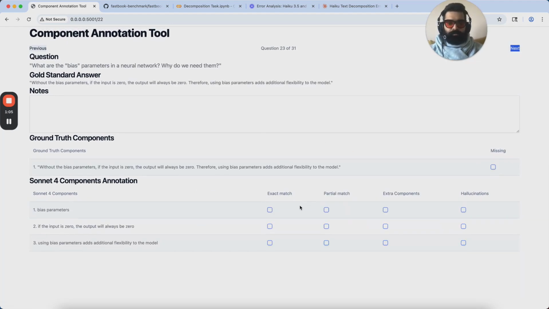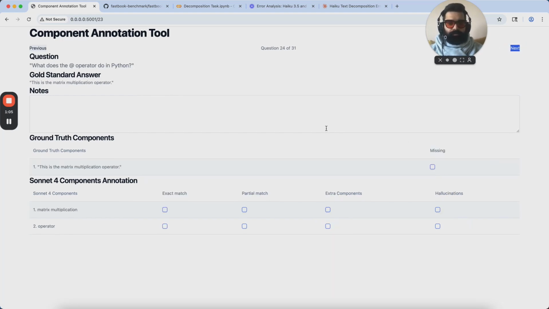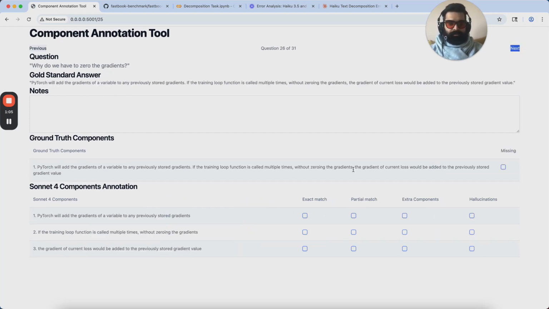Similar to haiku. Yeah, same thing as haiku. That's interesting.